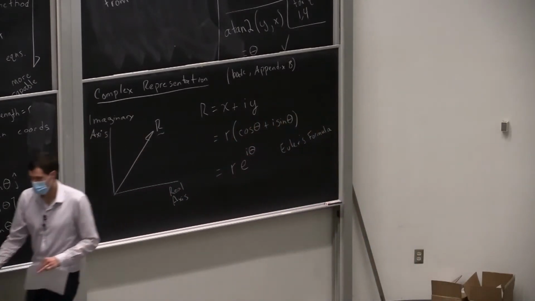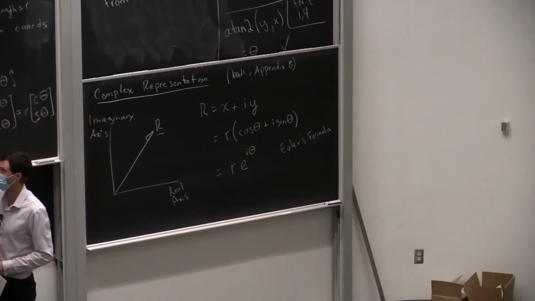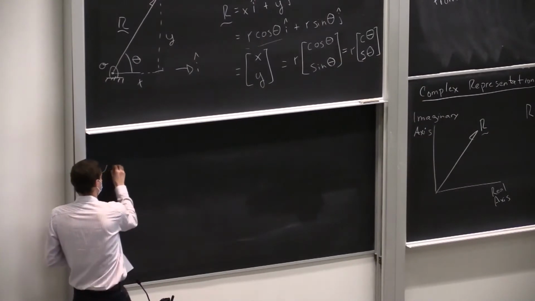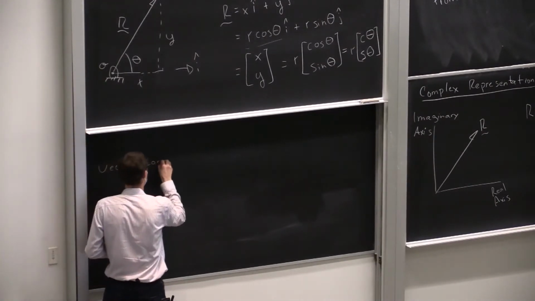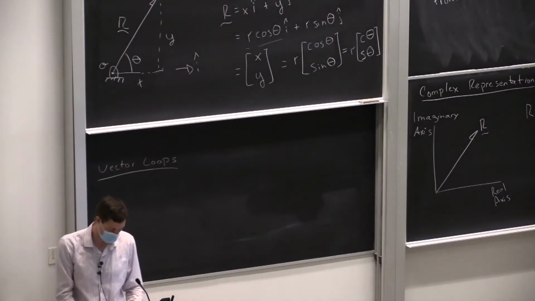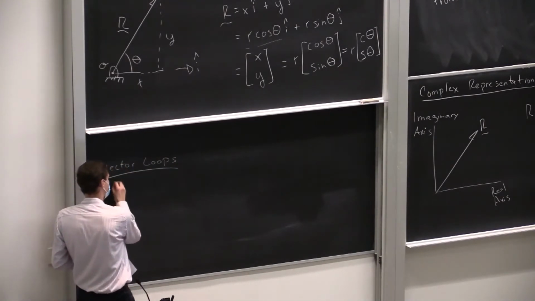Now let's actually use these. This is all pretty basic so far. We're going to start our vector loops. We're going to attach a bunch of vectors to our mechanism and write vector equations.